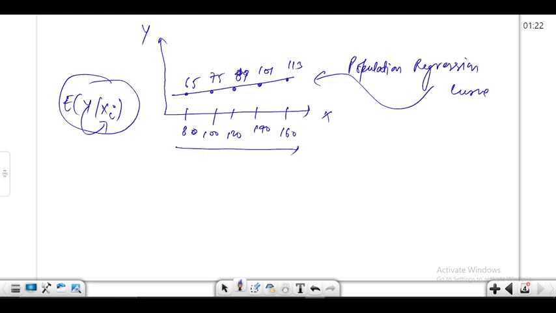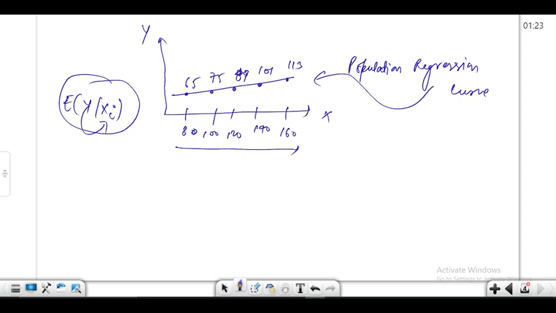Your population regression curve is simply the locus of the conditional means of the dependent variable y for the fixed values of the explanatory variable. Whenever we have to regress something, my x values will be fixed beforehand. I'll fix my x values, then go for a survey and find corresponding y values from my survey or whatever data is available. This is how your regression works.